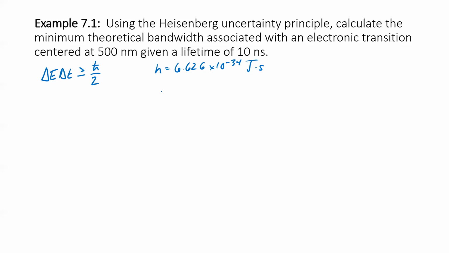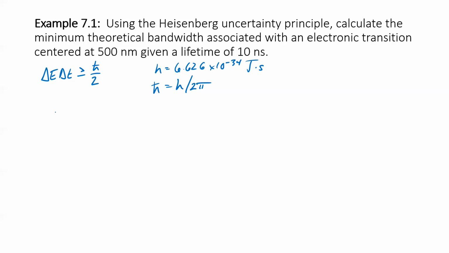There's a constant for your card. h bar is just h divided by 2 pi. If you were in PChem 2, maybe you memorized what that was numerically, but I didn't. 1.05 times 10 to the negative 34. I don't remember. I knew it once when I was in PChem.